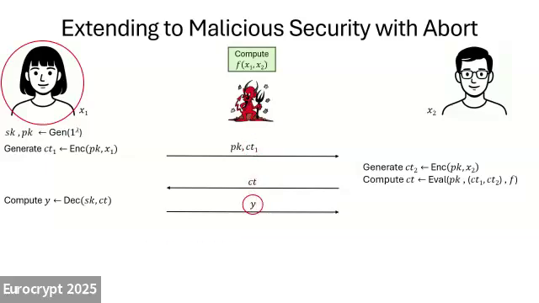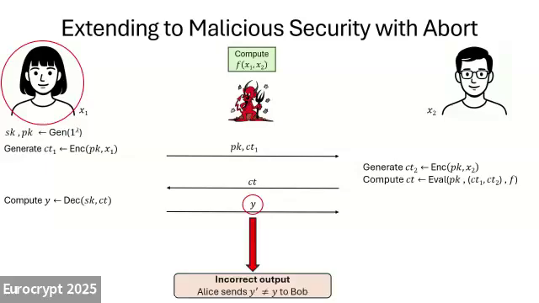Finally, the third attack that a malicious Alice can launch is that it can simply send an arbitrary y, which is not what it had obtained from Bob as output. And this can be easily handled by making use of a compiler given by Ishai, Kushilevitz, and Paskin, that makes use of information-theoretic MACs, in their Crypto 10 result.